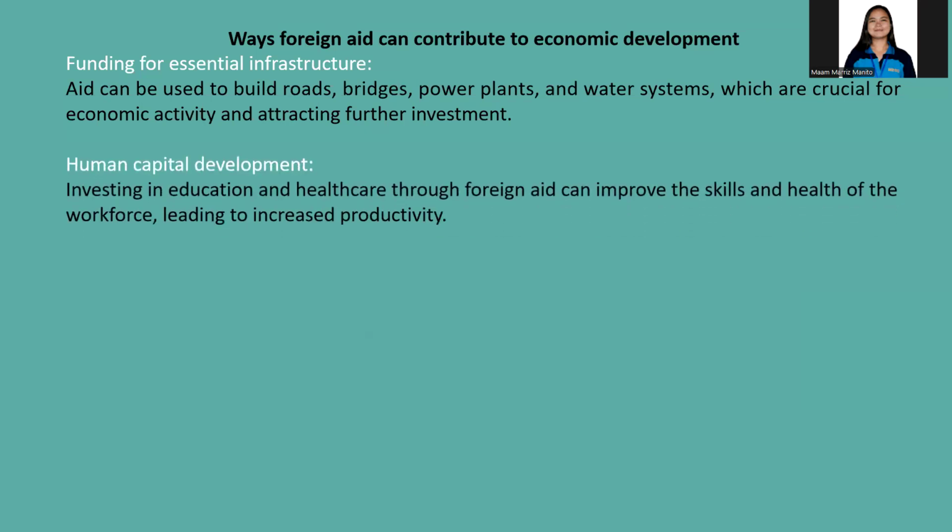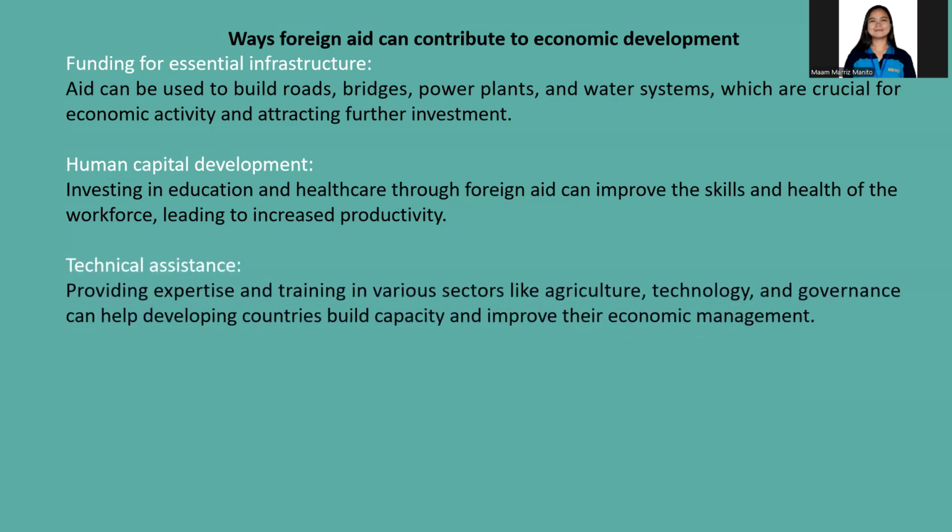Second, for human capital development, when you're investing in education, foreign aid can improve the skills and health of the workforce, leading to increased productivity. So we can have exchange students, or we can train our professionals abroad, or they can send professionals here to the Philippines so that we can be trained. So that's how foreign aid can work.